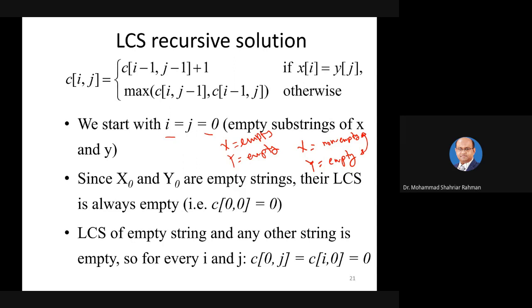So এই কেসগুলোকে হ্যান্ডেল করার জন্য we are doing this 0. So x0, y0, they are empty strings, so their LCS is always empty, of course. And also, if any one of them is empty, the LCS is also empty.